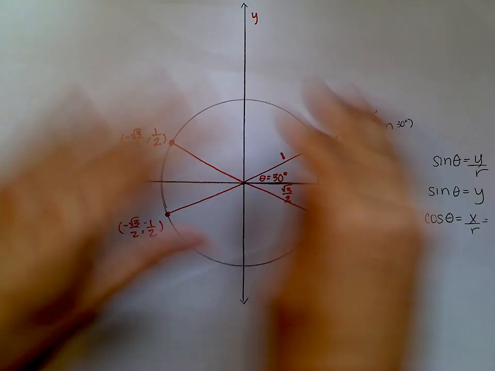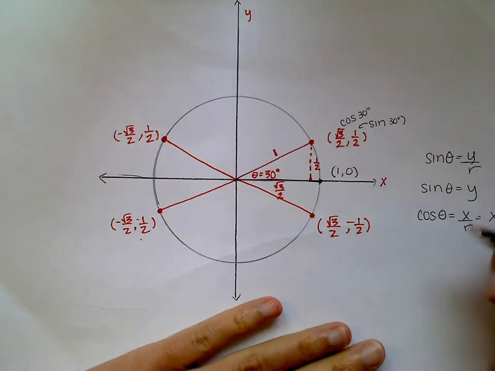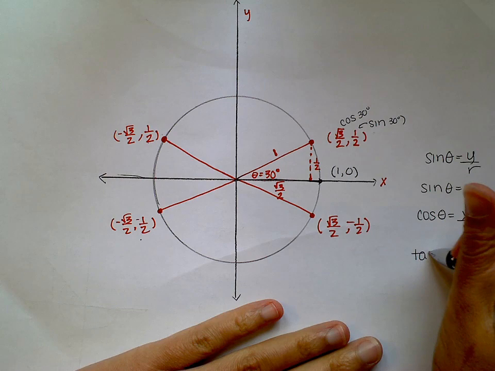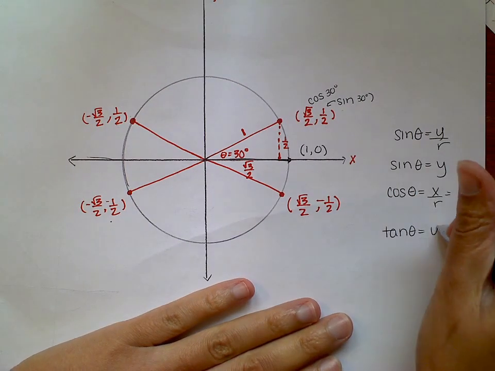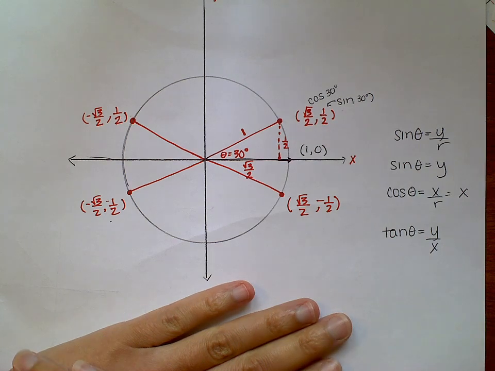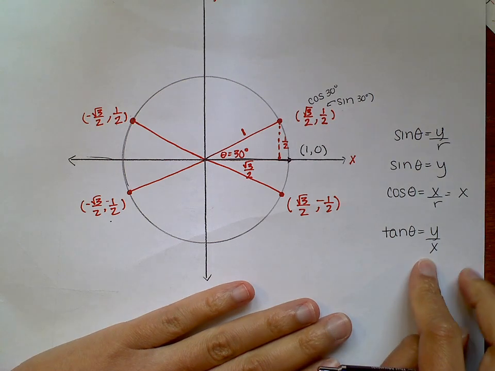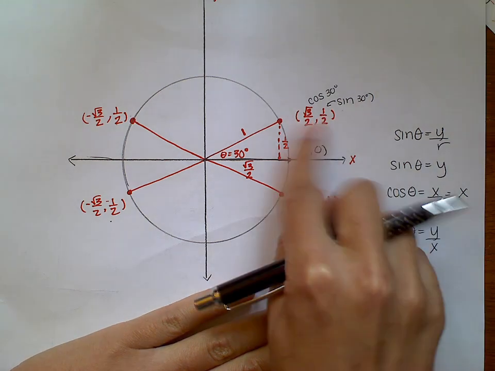Now really quickly before we go on and create the rest of it, tangent of theta in our coordinate grid, if you remember, was y over x, which is really just slope, and I have y and x, so I can divide those.